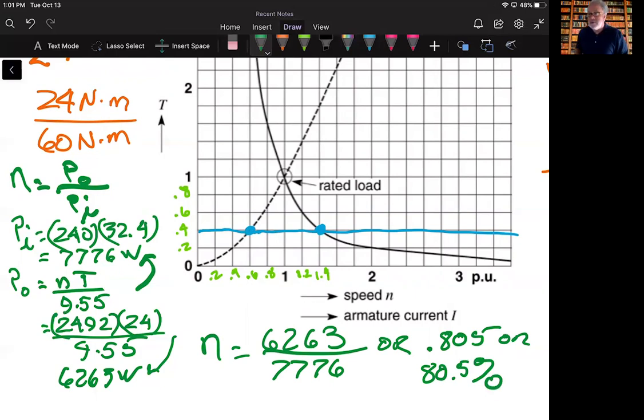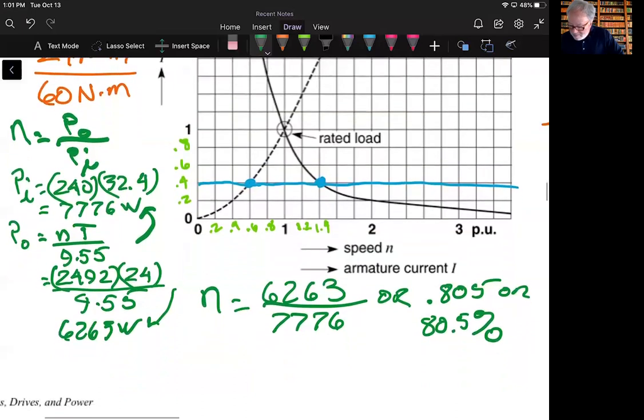Electric motors are designed to operate at higher efficiencies than that. Some of the efficiencies get up into the mid and even, in large machines, upper 90s, but still 80.5% is not too bad in terms of the energy in that's converted to output. And so that gives us that value.